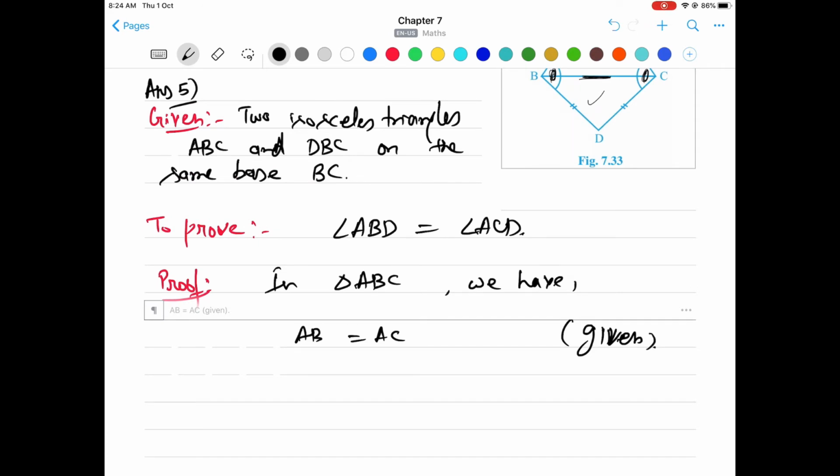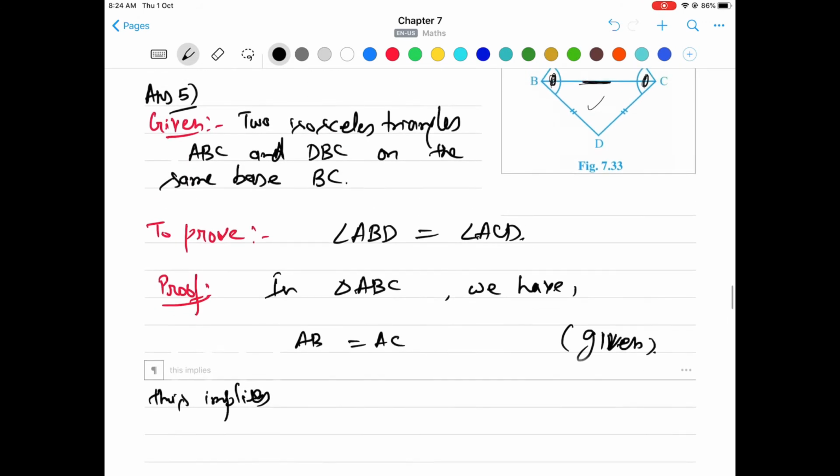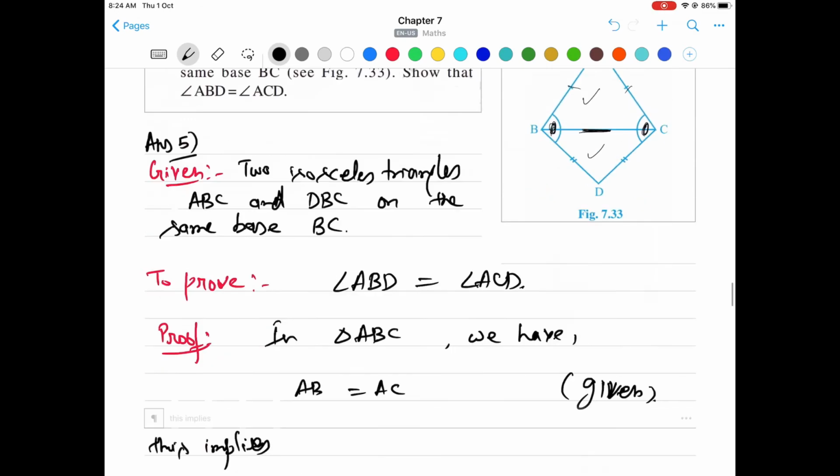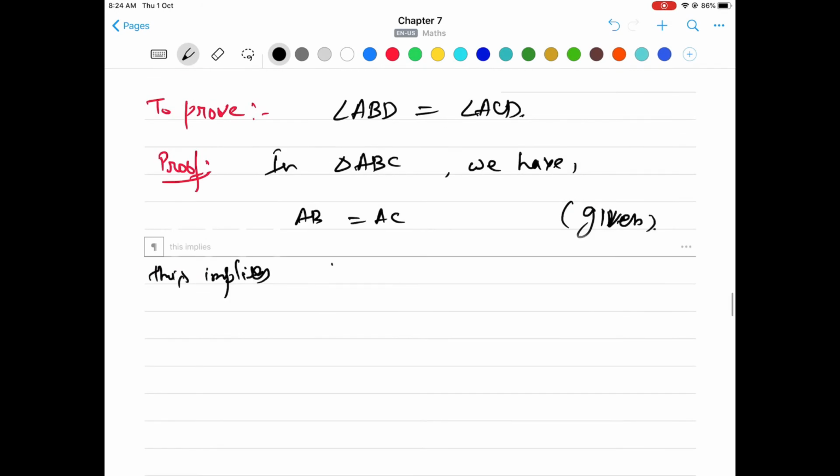And this implies, by theorem 7.2, which says the angles opposite to the equal sides are equal. So if AB is equal to AC, their opposite angles ABC and ACB will be equal.